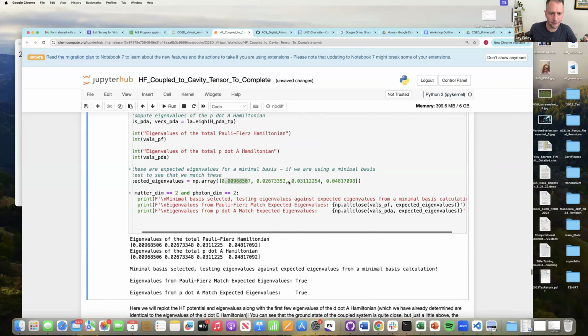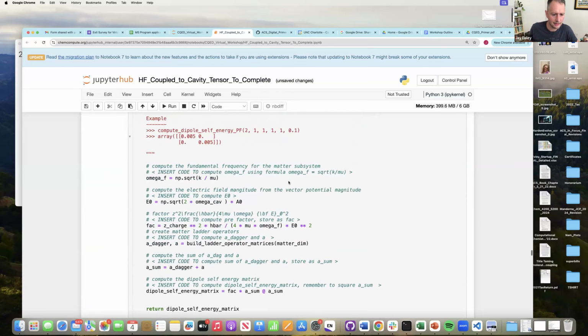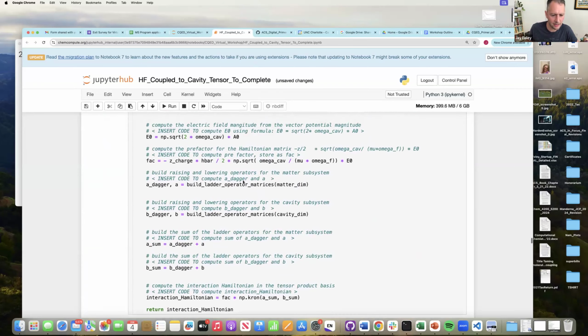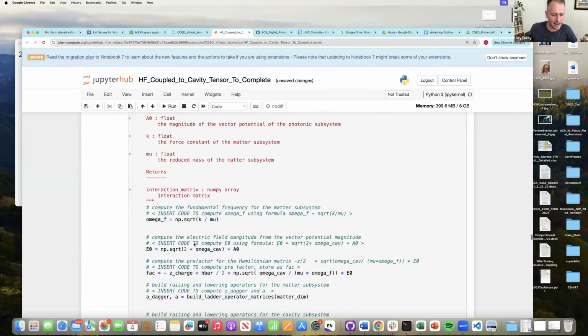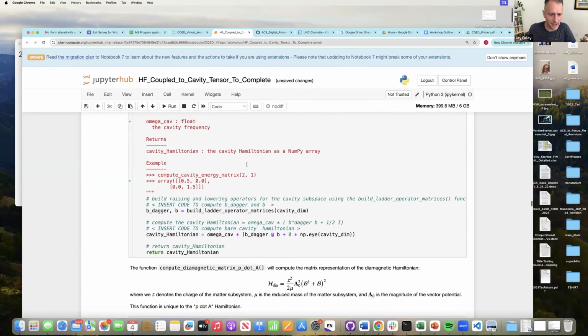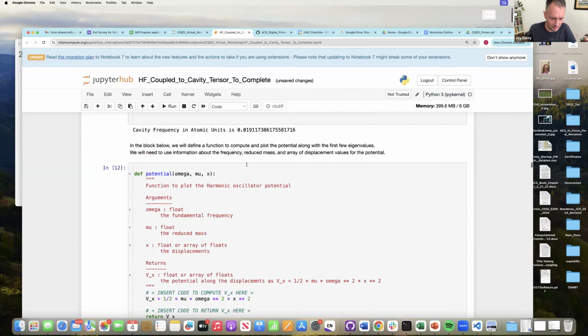I don't know if I'll remember all of them, but I think in the Pauli-Fierz interaction Hamiltonian, my function had a z instead of a z underscore charge. And there was one other syntax error. I think it was in the matter Hamiltonian. There was a capitalization mistake.